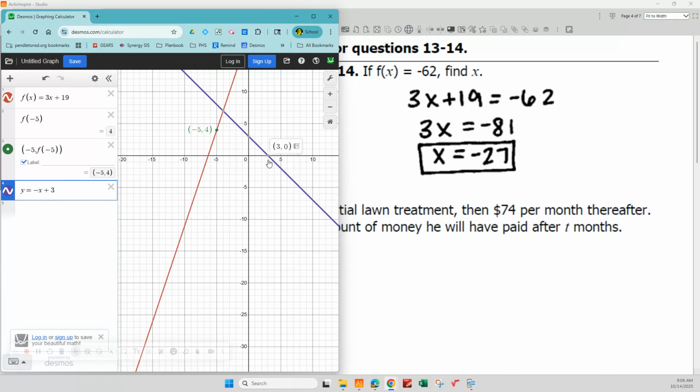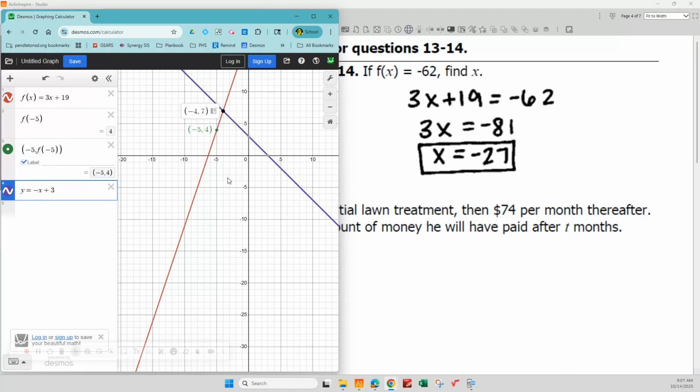Okay, so I got an x-intercept, a y-intercept, and an intersection, right? Desmos is pretty smart. It knows the kinds of places we're going to look for, and it makes it easy for us to calculate intersections. If I want to find the place where the red and purple lines intersect, I just click on that point, and it's going to give me the ordered pair.